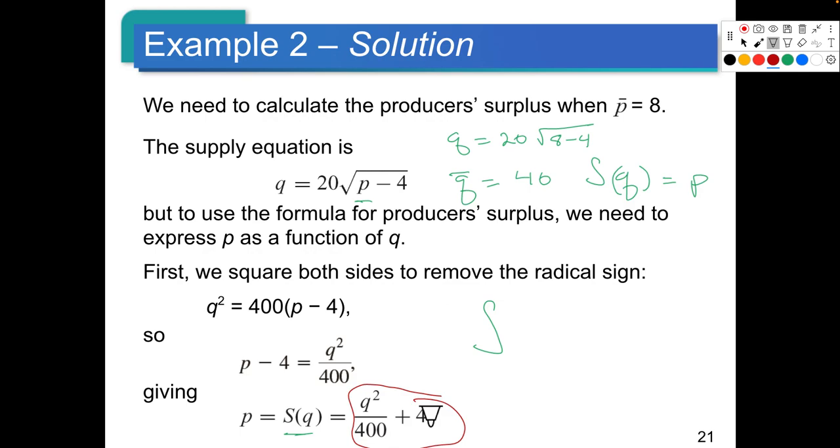Okay, so that's usually going to happen with producer surplus. Okay, and that'll be helpful. Questions?